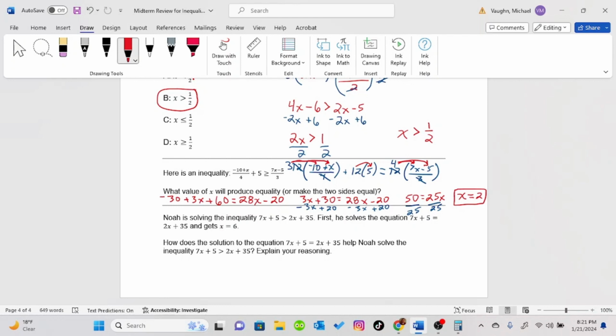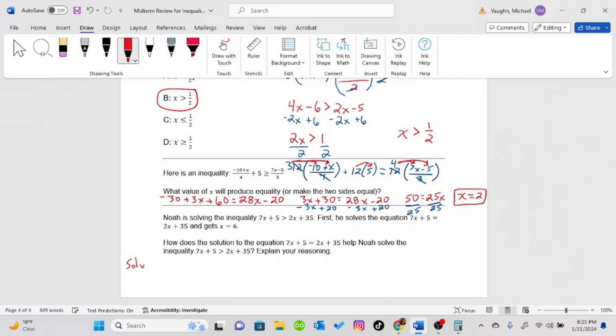And our last problem says Noah is solving the inequality 7x plus 5 is greater than 2x plus 35. First, he solves the equation and gets x equals 6. How does the solution to the equation help Noah solve the inequality? Explain your reasoning.